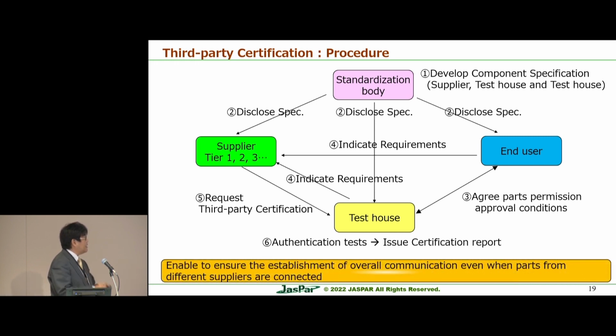This makes it possible to ensure the established overall communication even when parts from different suppliers are connected. This kind of scheme works well, automatically validating that each component meets the specification.